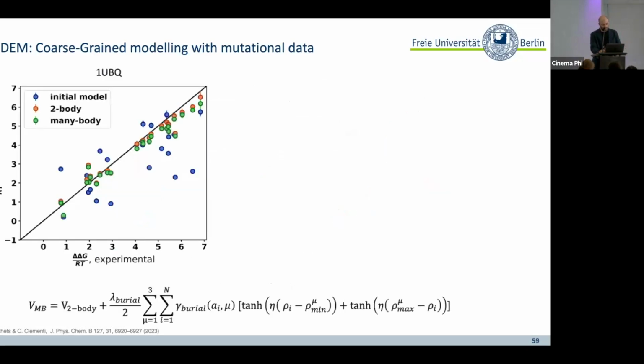And what we optimized was two-body interaction only, and then multi-body interaction in order to see how the inclusion of multi-body interaction improved the model prediction. In this case, the functional form that was used for the coarse-grained model is a fixed functional form, so no neural network here. And for ubiquitin, you can see that the addition of many-body information is not very helpful, let's say, to improve the model prediction.